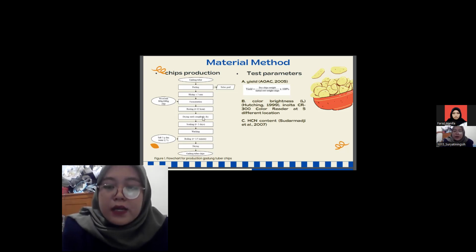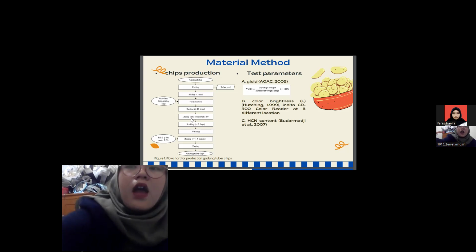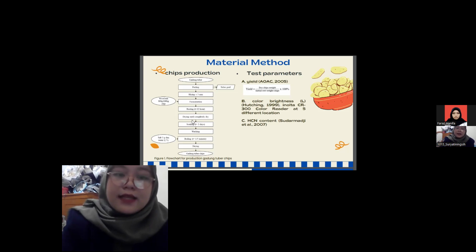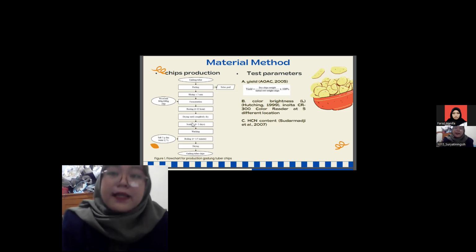After the equally dispersed wood ash has been applied, the chips are allowed to rest for 12 hours in order to lower their HCN level. After fermentation, the chips are sun-dried until they are completely dry.